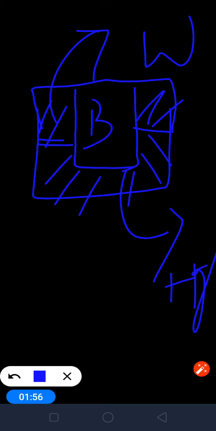That is water, and this is the mercury, that is Hg. Whenever this type of condition occurs with a body, Archimedes principle is used.